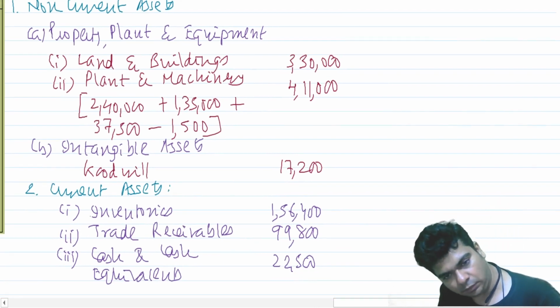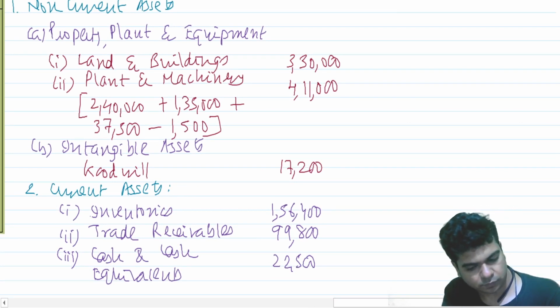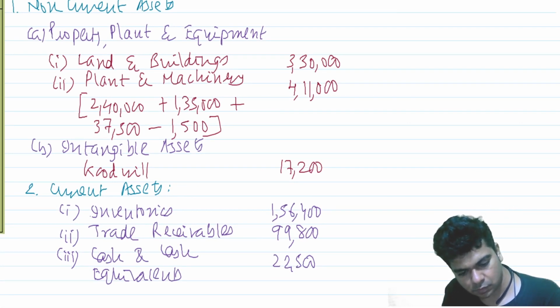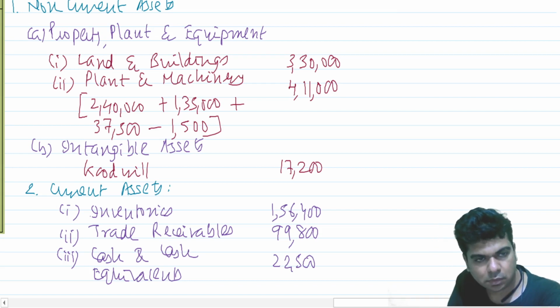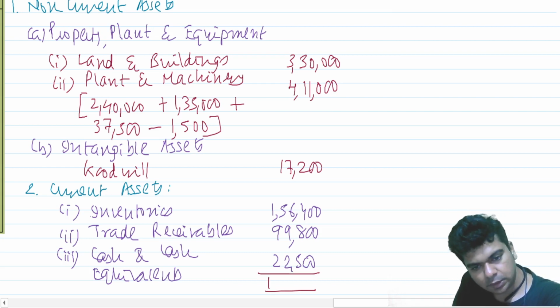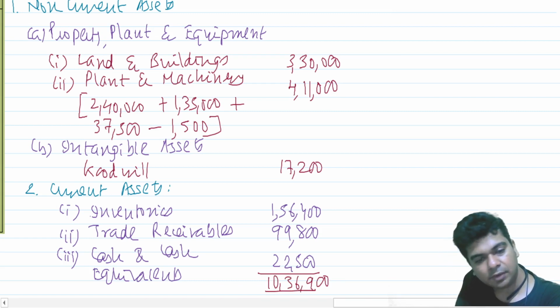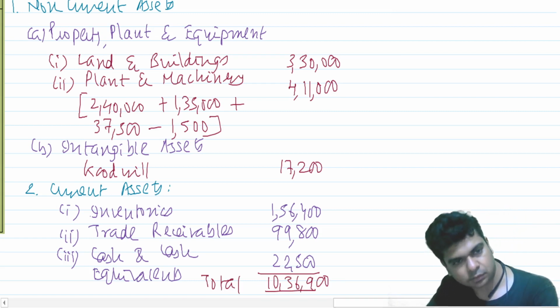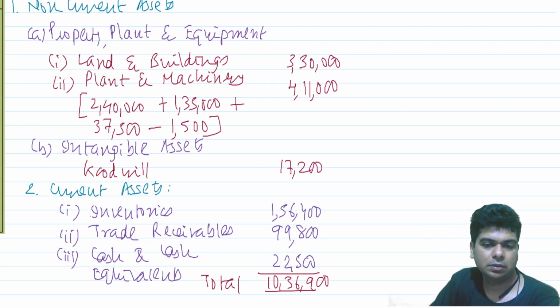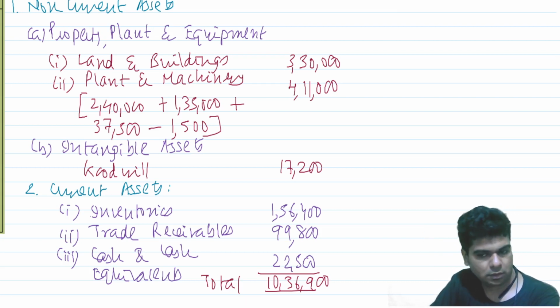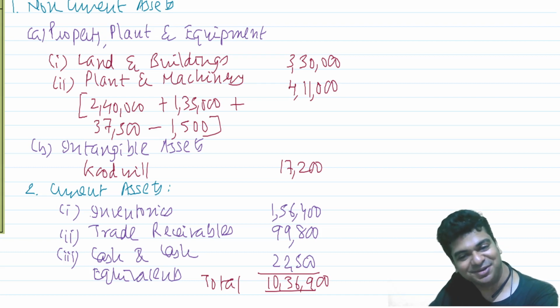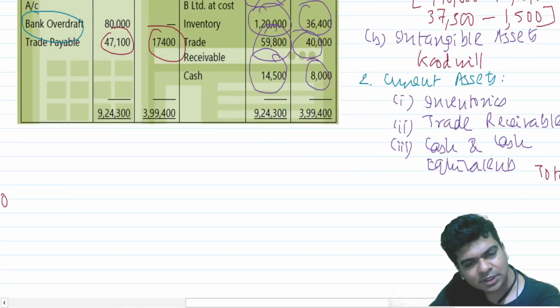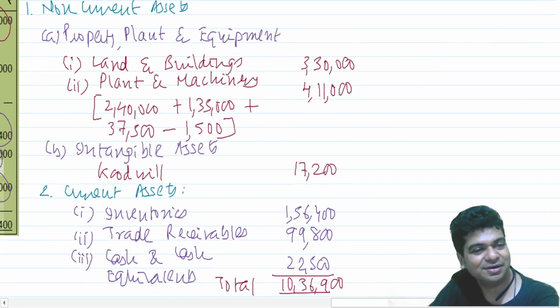Let's take a total, 1,036,900. That's your complete asset side. This only on the liability side, how much was it? Yes, 1,036,900.